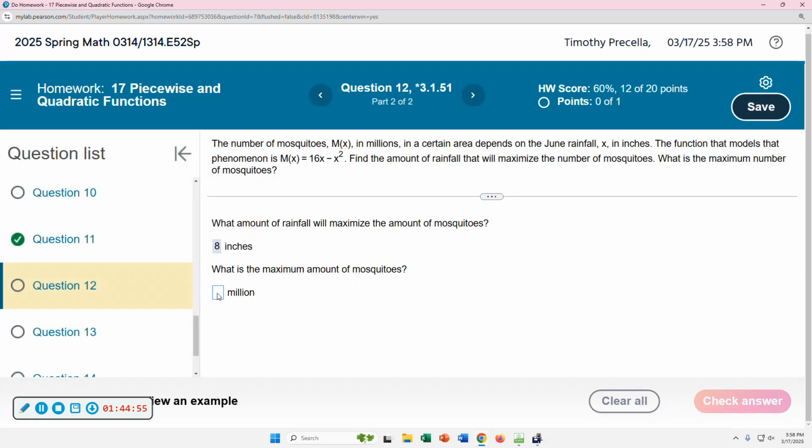How do we find the value of the function? What will we do? Once you know the x value, how do you find the y value? Oh, plug it in.